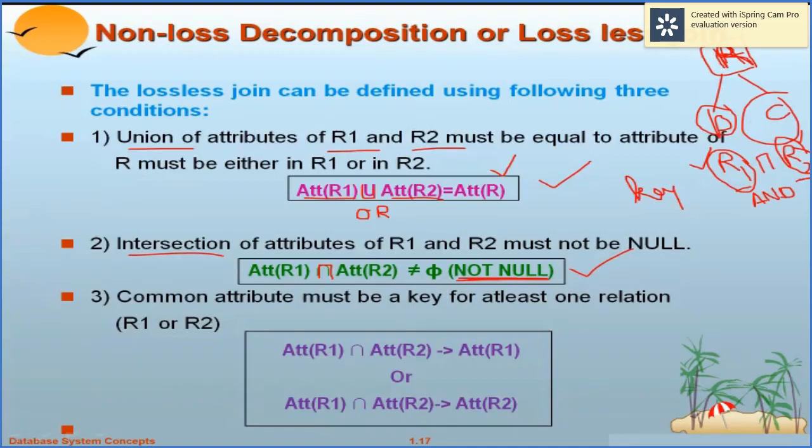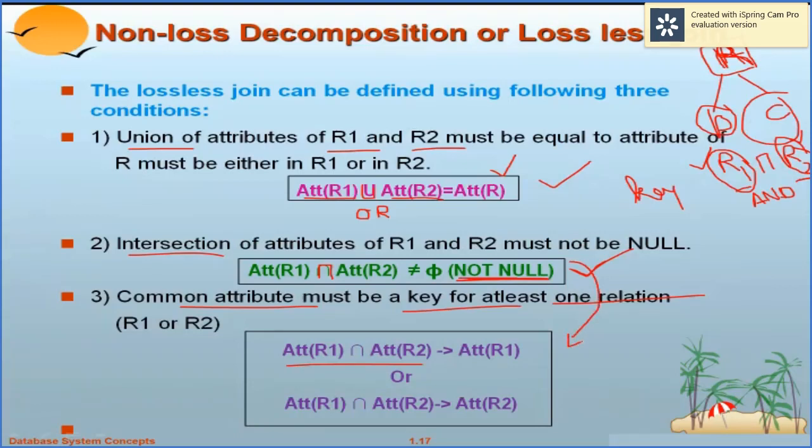Next one, the same topic extended into point 3. The common attribute must be a key. I just explained that. When you put an intersection operator between R1 and R2, I said the value should be not null. Of course, this is not null, fine, but what value should be in place of not null?